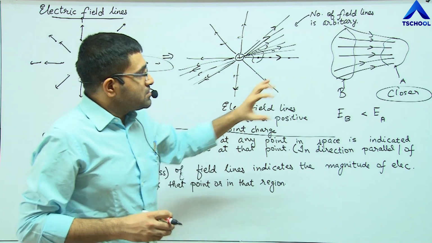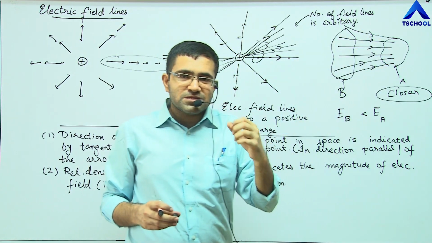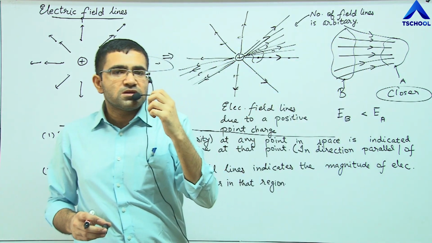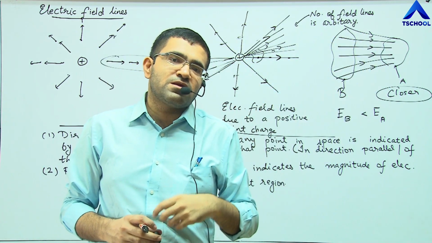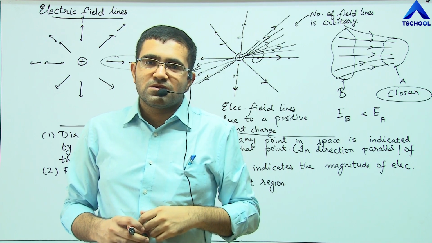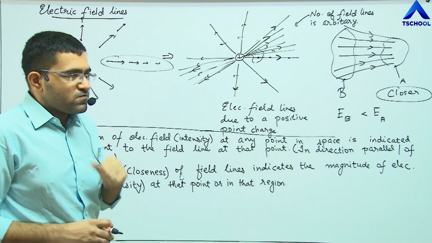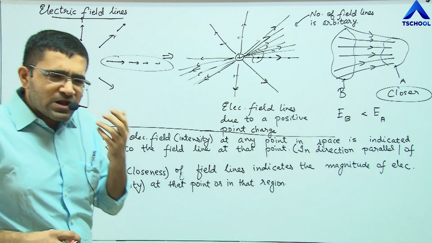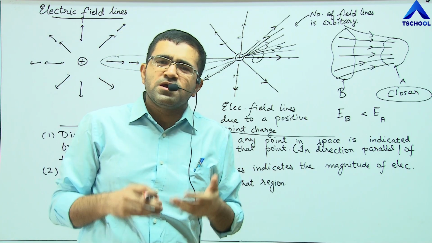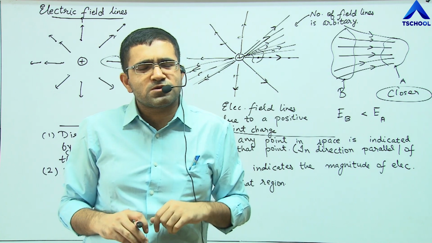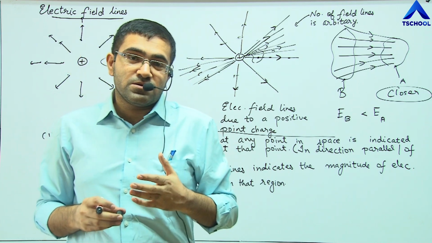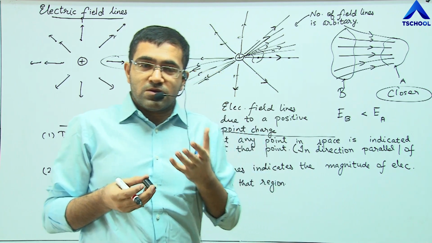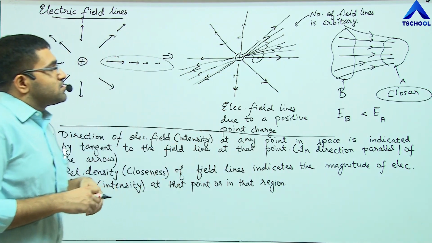Because the closeness of the field lines indicates the strength or the magnitude of the electric field intensity, right? So be careful about that. If someone asks you how many field lines come out from a 1 coulomb positive charge, the answer is as many as you want, right? So don't forget that.